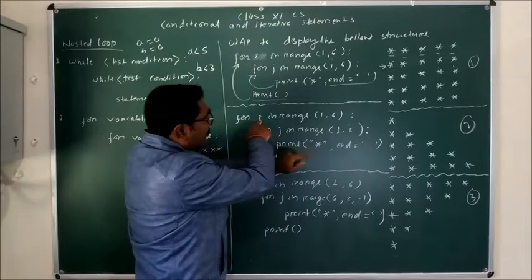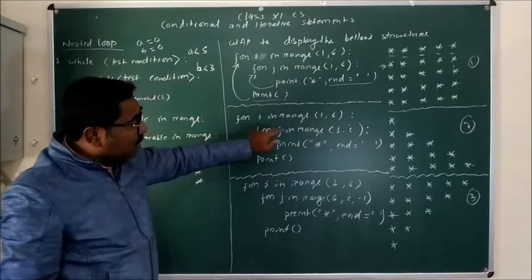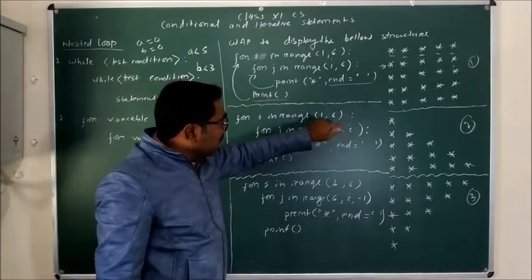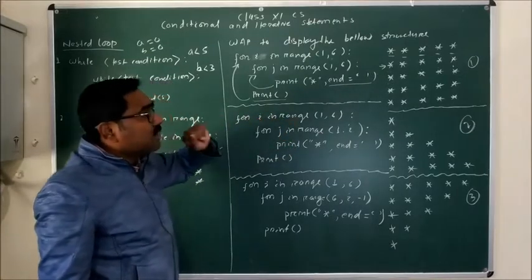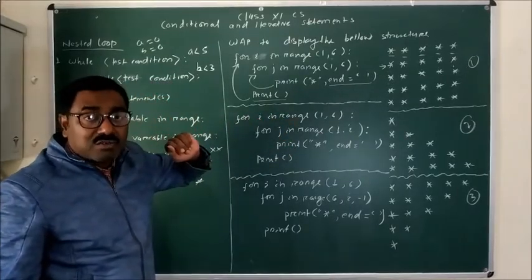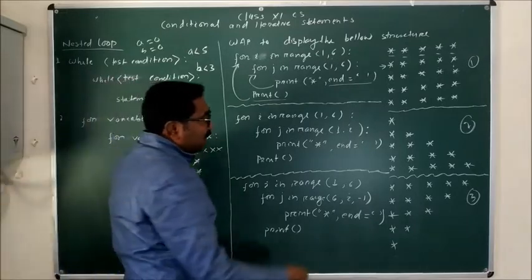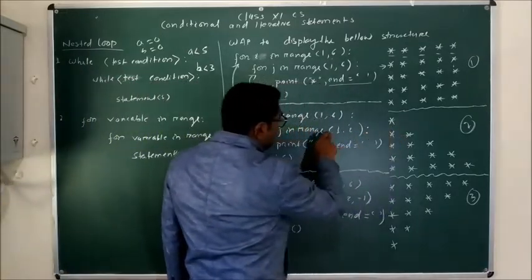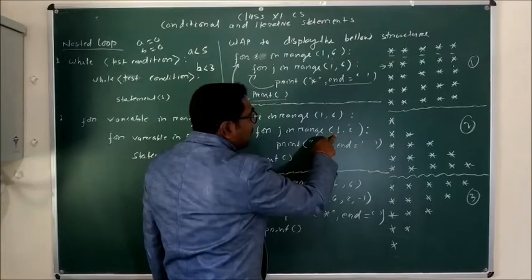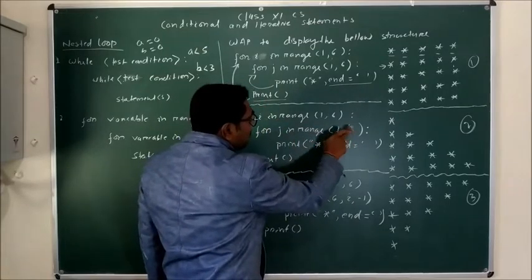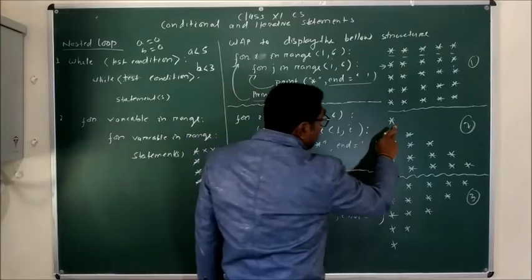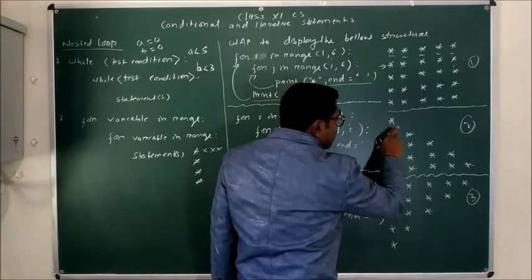So in the first row it will be executed once, in the second row twice, and in the third row 3 times. In the first row it will execute only once, because 1 is the starting value and the value of I is 1. So one statement will execute, and 1 asterisk will be displayed.